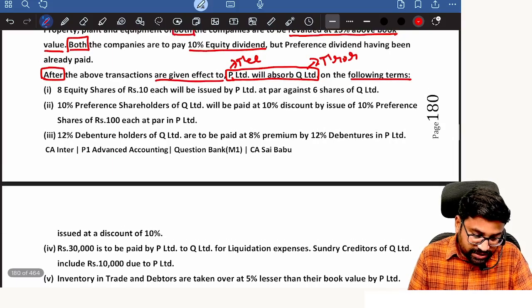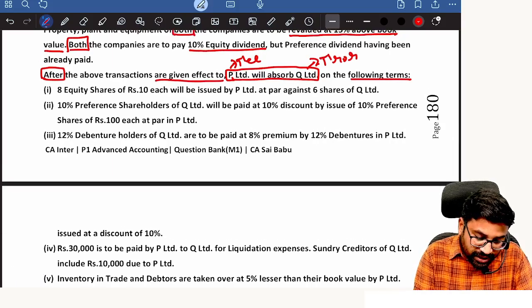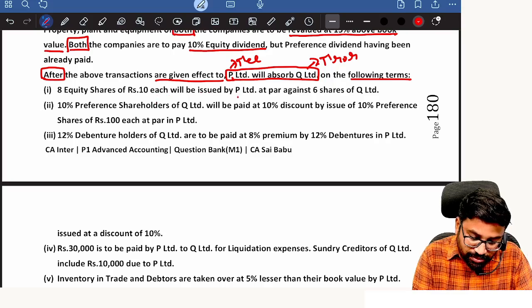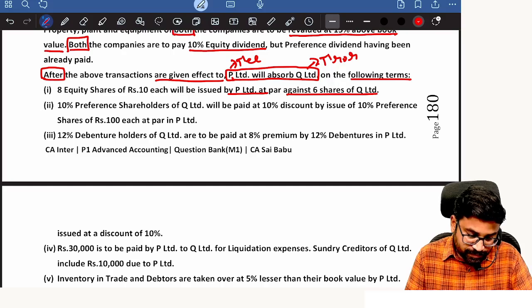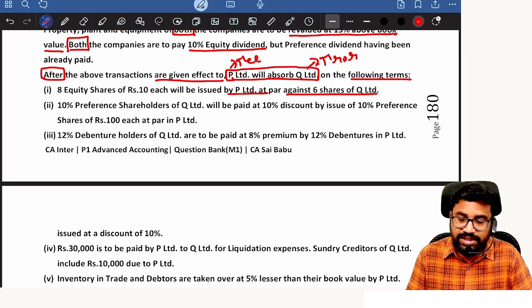So see this first point. 8 equity shares of 10 each will be issued by P Limited at par against 6 shares of Q Limited. So for every 6 shares, 8 equity shares will be given by P Limited. That is nothing but PC, purchase consideration.